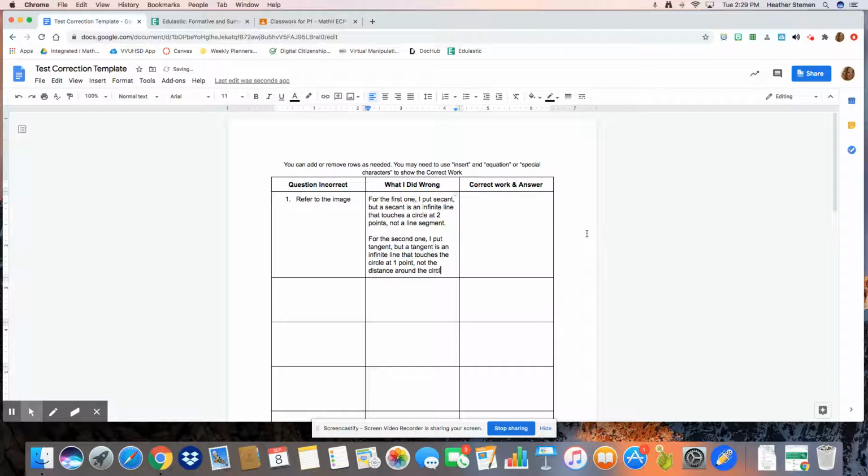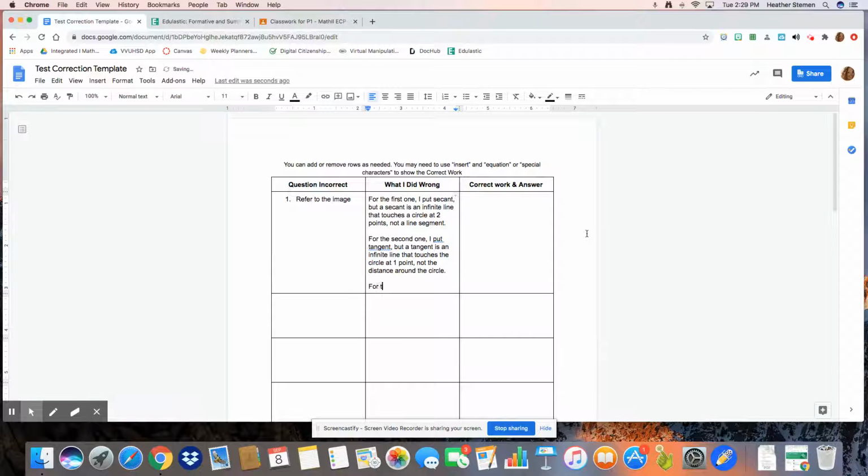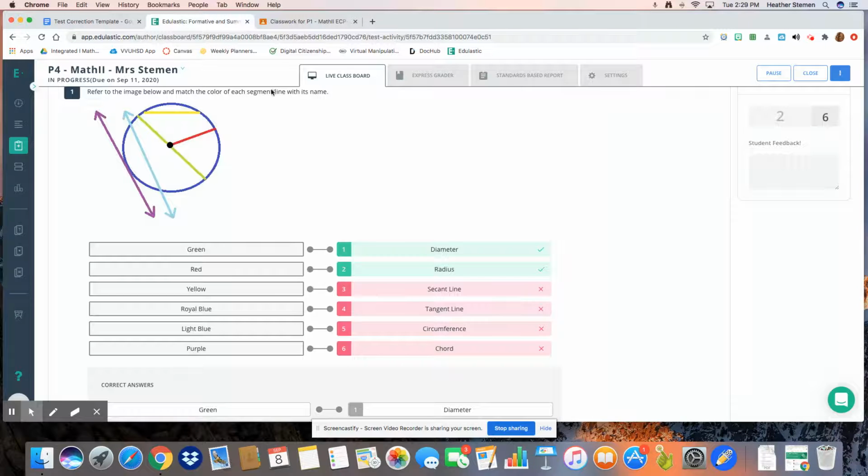Okay, for the third one, what did we do? We got circumference as light blue. So circumference is not supposed to be this light blue line. That would have been the secant.